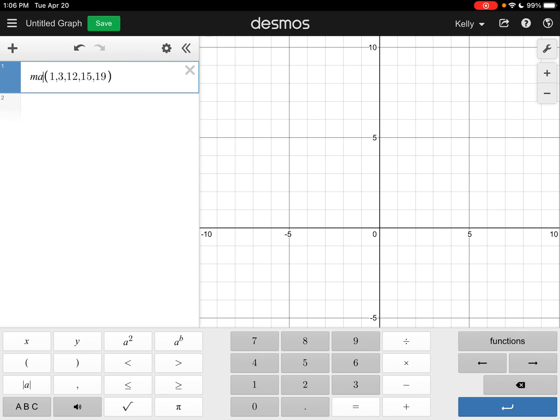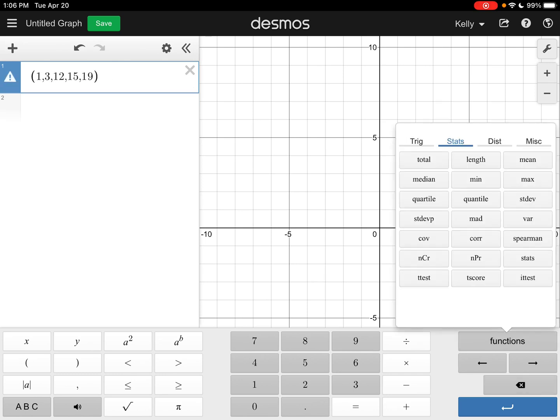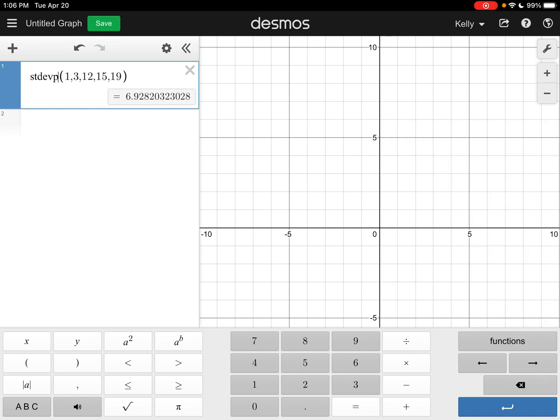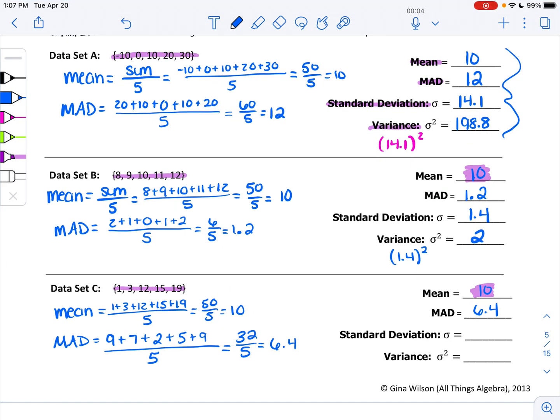Now I'm going to calculate my standard deviation, making sure we're using the standard deviation that has the P at the end, and rounded, I get 6.9. Then, while I'm on this screen, I'll calculate my variance, which is that 6.9 squared, and rounded, that's 47.6. So back to my notes, I got a standard deviation of 6.9, and then 6.9 squared gives me a variance of 47.6.